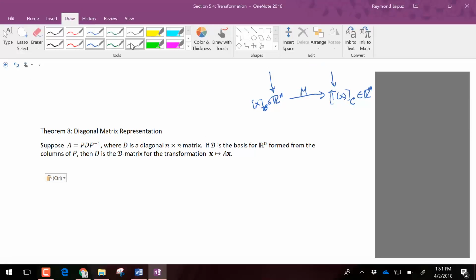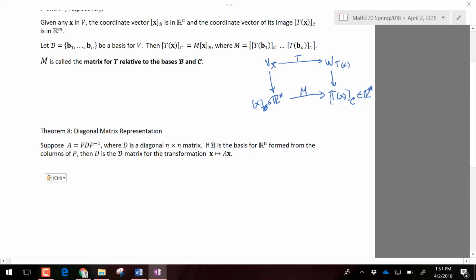Let's suppose A is diagonalizable, where D is your diagonal matrix, and P and P inverse are those invertible matrices that are made up of the eigenvectors.